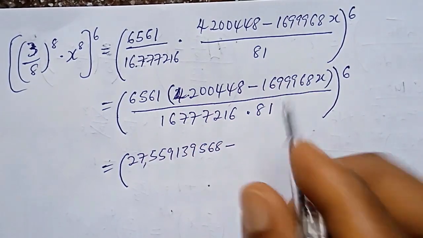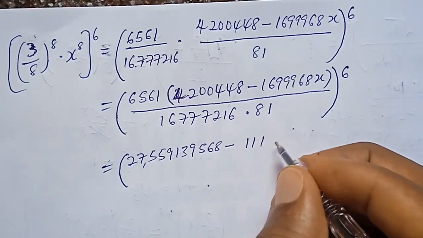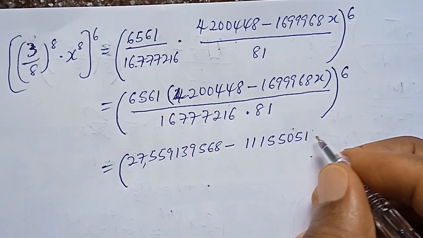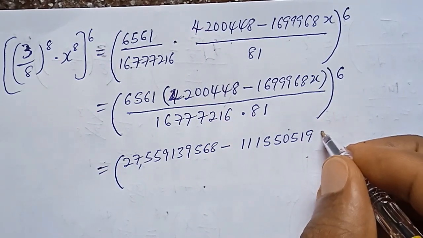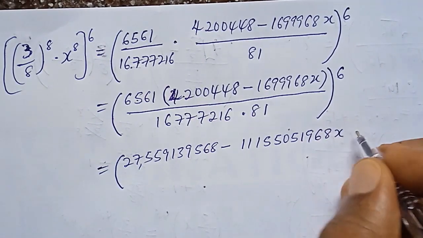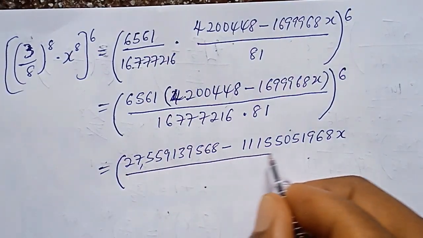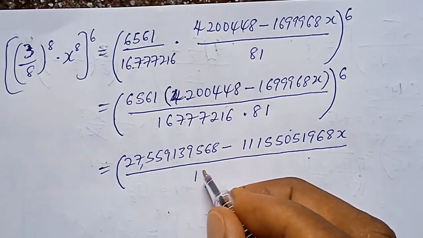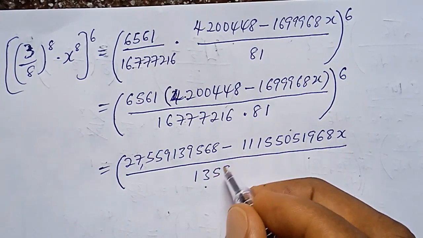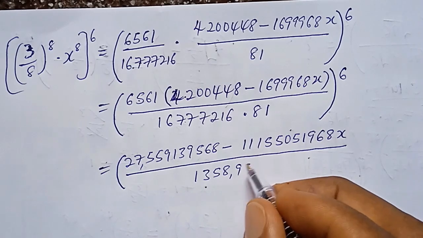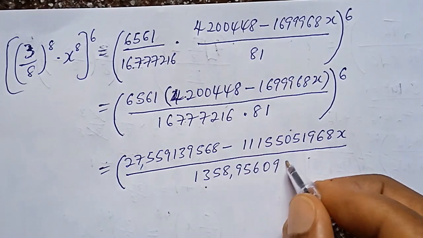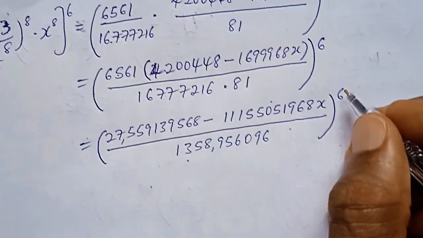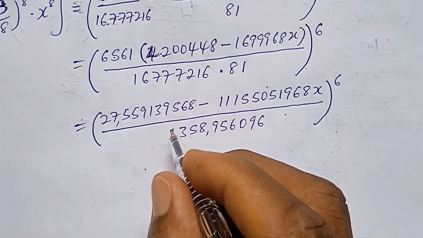Multiply this by this, we have 1,1,5,0,5,1,9,6,8x, all over this multiplied by this, which gives us 1,3,5,8,9,5,0,6,8,56096, all into bracket power 6.